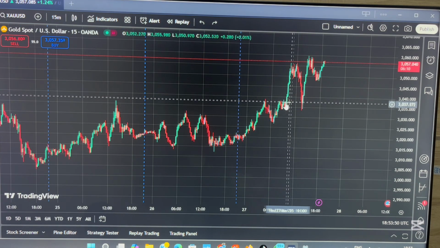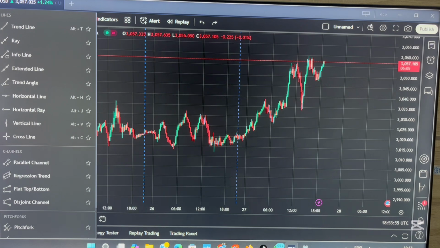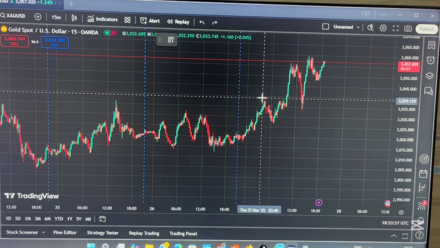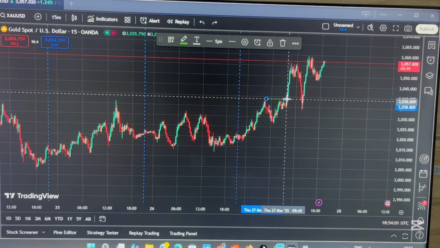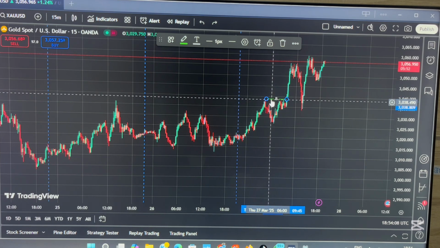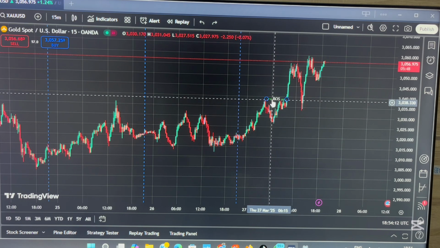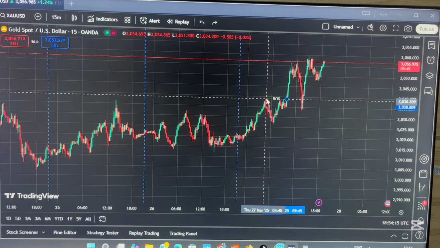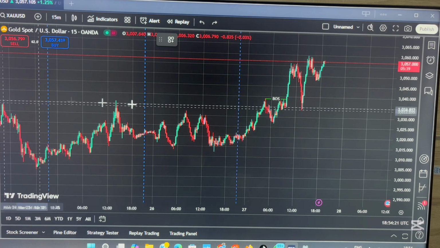Before I made use of my Fibonacci here, if you observe, there was a break of structure here.